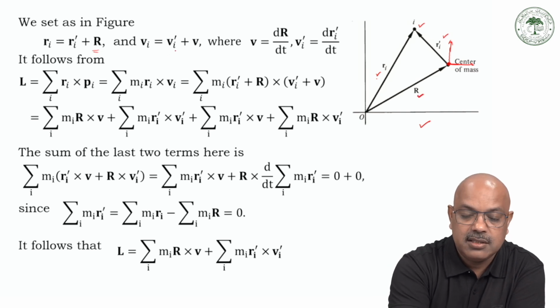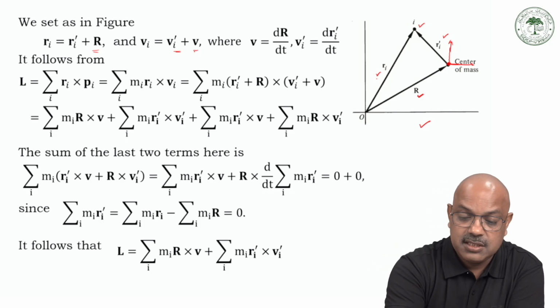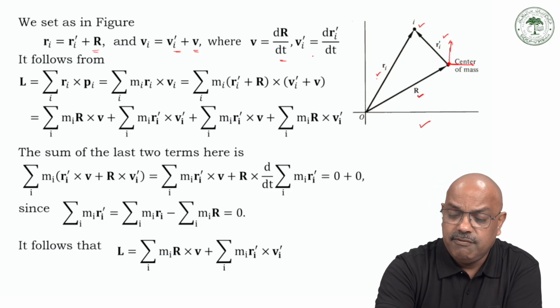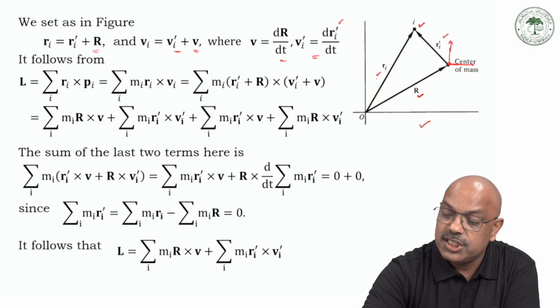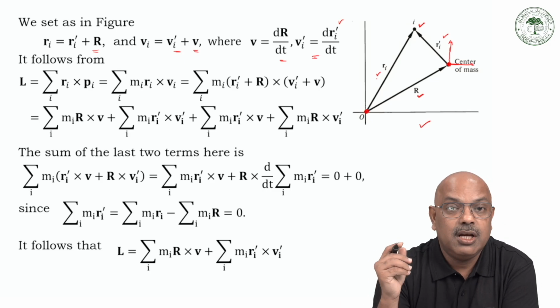Similarly for the velocity, Vi is Vi prime plus V. V is the velocity of the center of mass, that is dR by dt, and Vi prime is dRi prime by dt, the velocity of this particle with respect to the center of mass, not with respect to this position O.